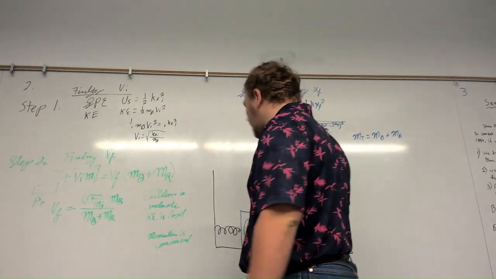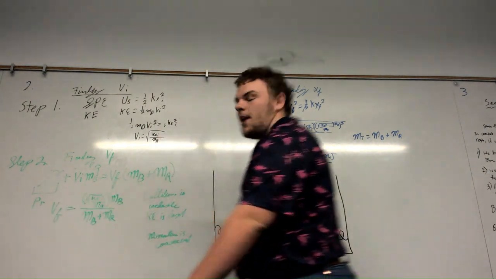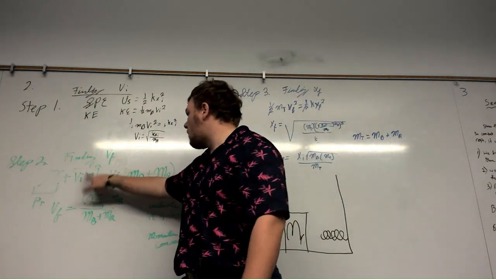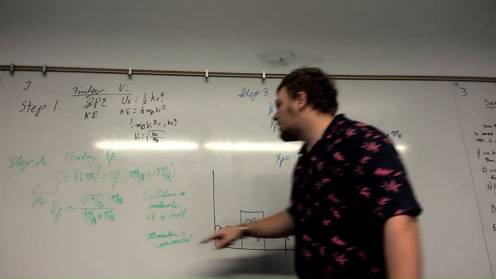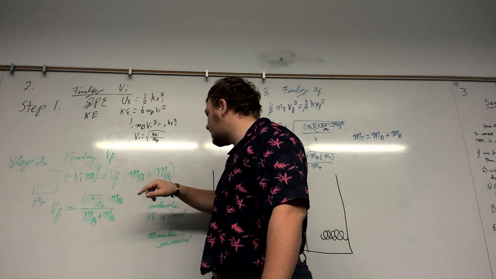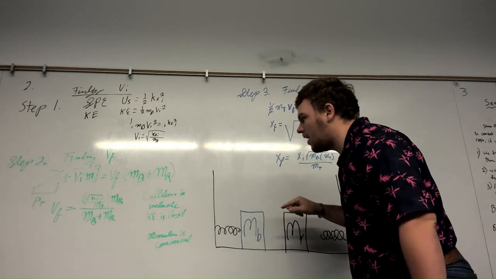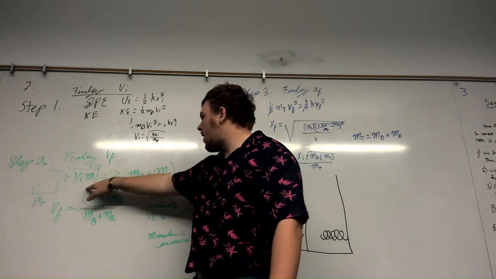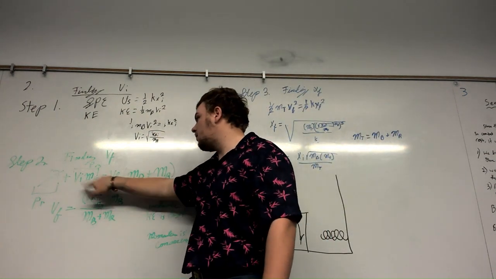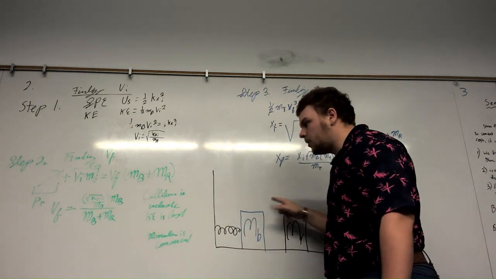So the momentum of the red box plus the momentum of the blue box is equal to the final velocity times the mass of these two added. This is why we needed the initial velocity: to find the momentum of the blue box.